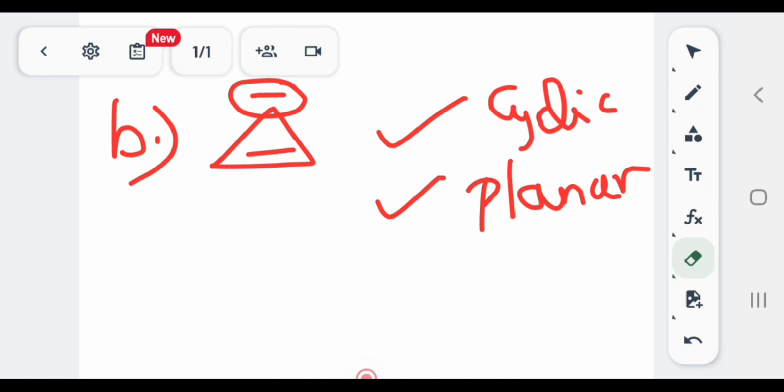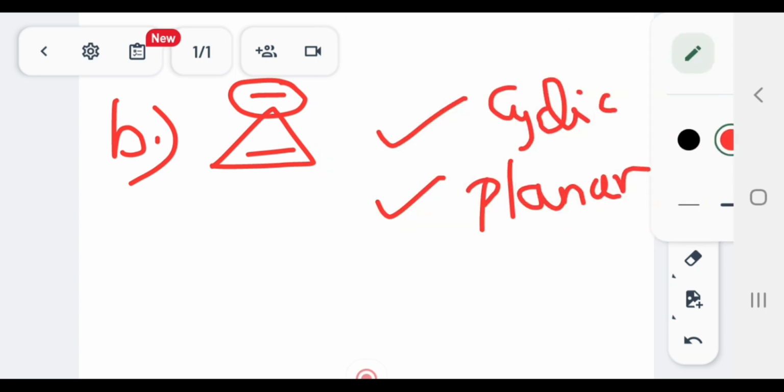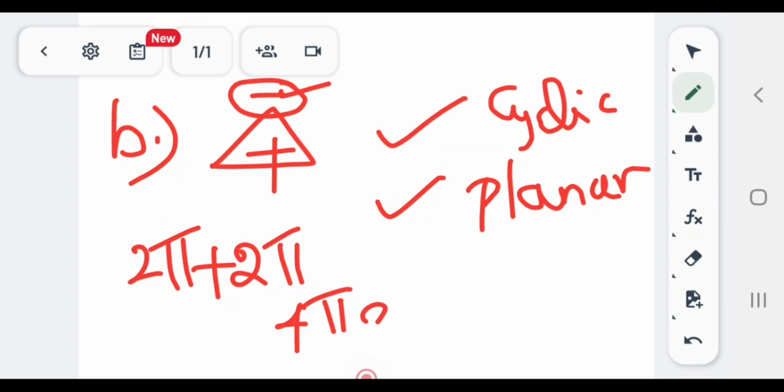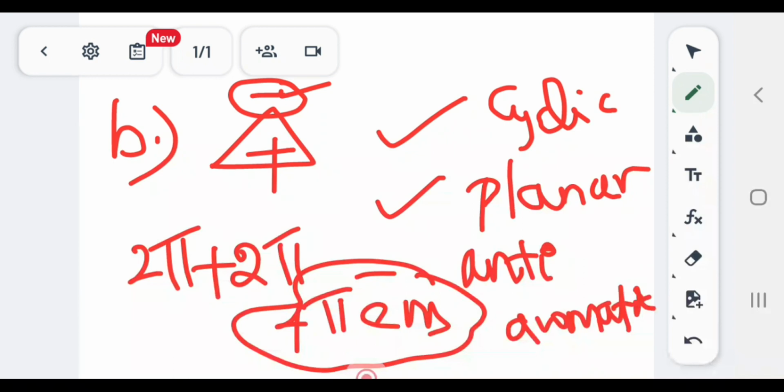Yeah, it is planar. And count the number of pi electrons. You have to include the negative charge also, because negative charge indicates that it has 2 electrons, right? So, 1 pi bond, which means 2 pi electrons, and the negative charge also 2 electrons. So, totally you have 4 pi electrons. If the number comes out like multiples of 4, then it means this compound is anti-aromatic compound, right?